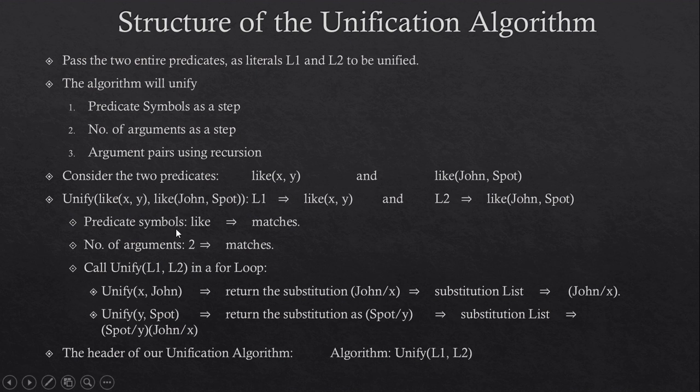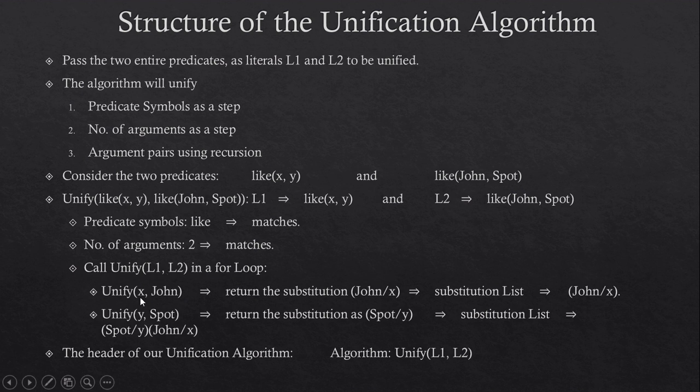First, the predicate symbols will be unified. That is like. They match. Then the number of arguments will be unified. 2. It matches. Then in a for loop, we will call unify L1, L2 with L1 as x and L2 as John.